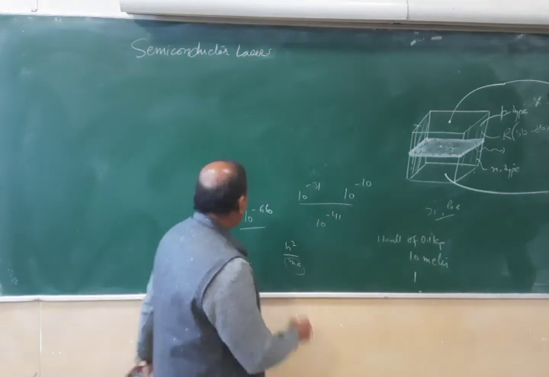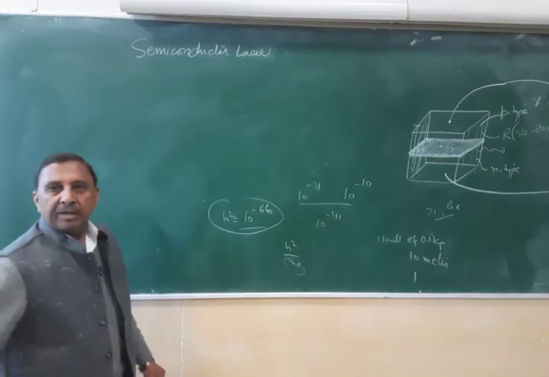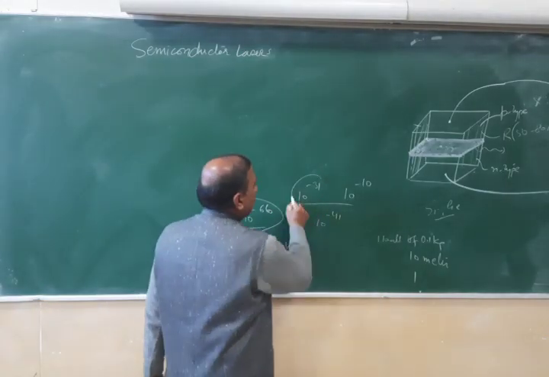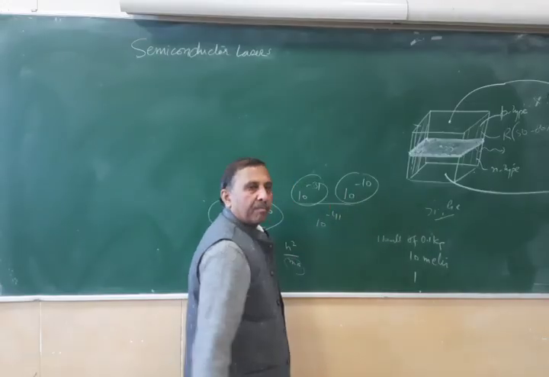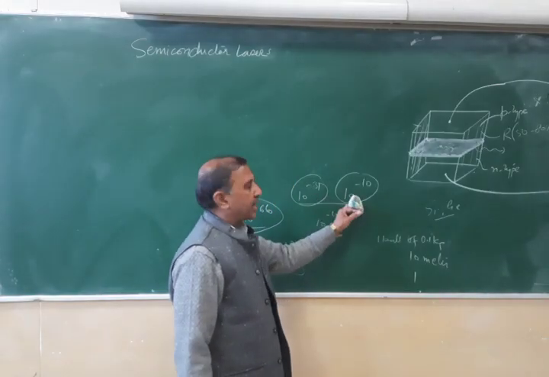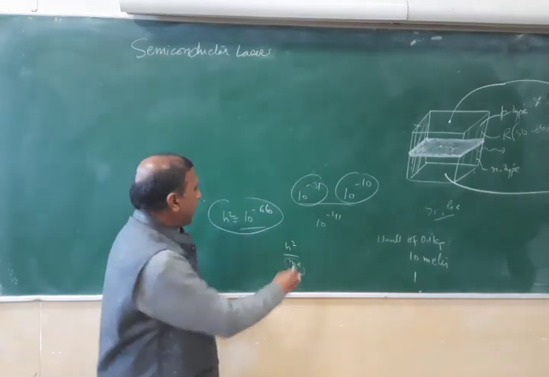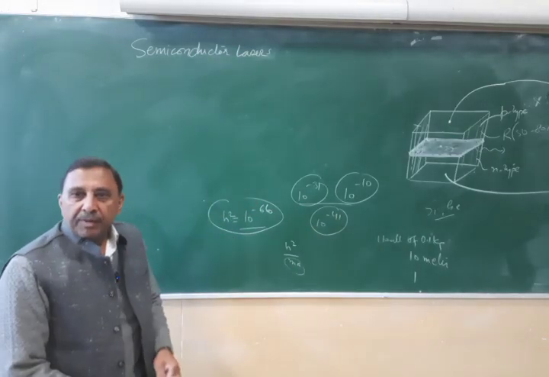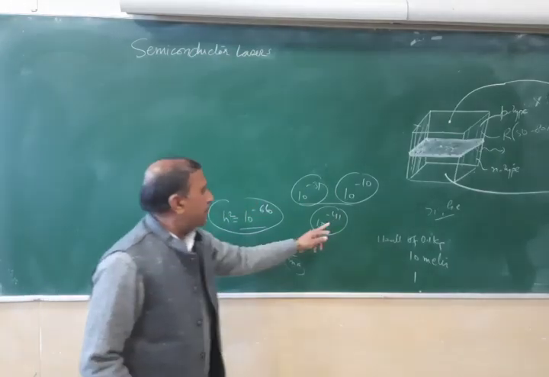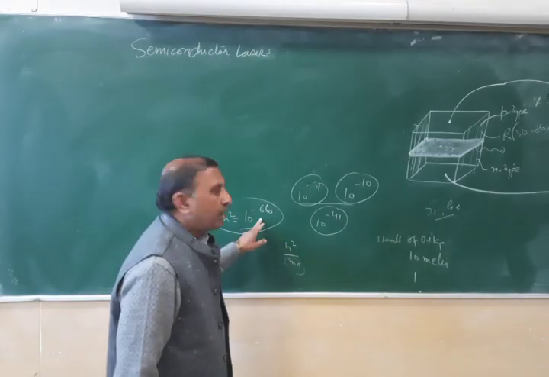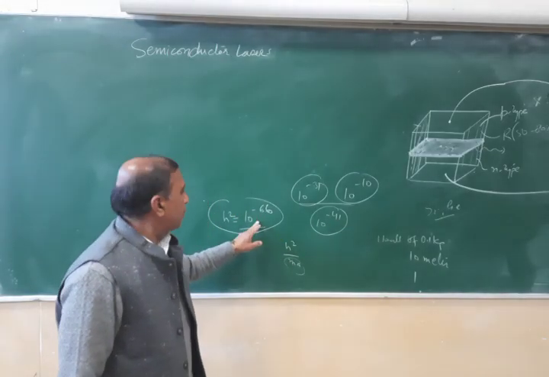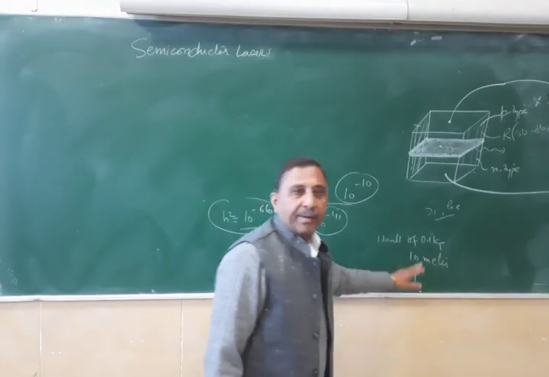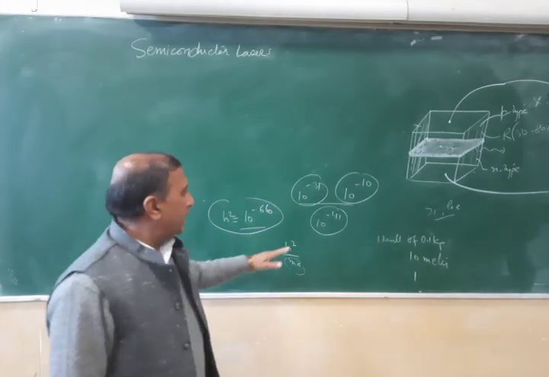So 1, and here h square is 10 to the power minus 66, but the electron is confined to angstrom distance. When the electron is confined to angstrom distance, the value of ma comes to 10 to the power minus 41. So we can say 10 to the power minus 41 is much closer to minus 66 as compared to 1, right?